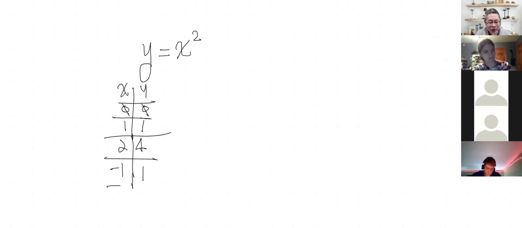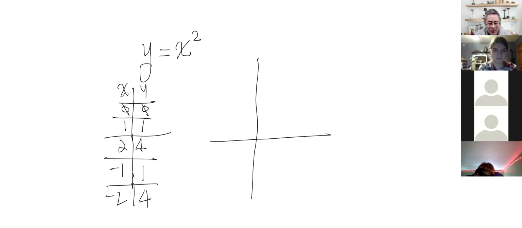So if we graph it, x is 1, y is 1. X is 2, we get 4. So we get the line like this. And on this side, -1 is 1, -2 is 4. So we get this. This is a parabola.